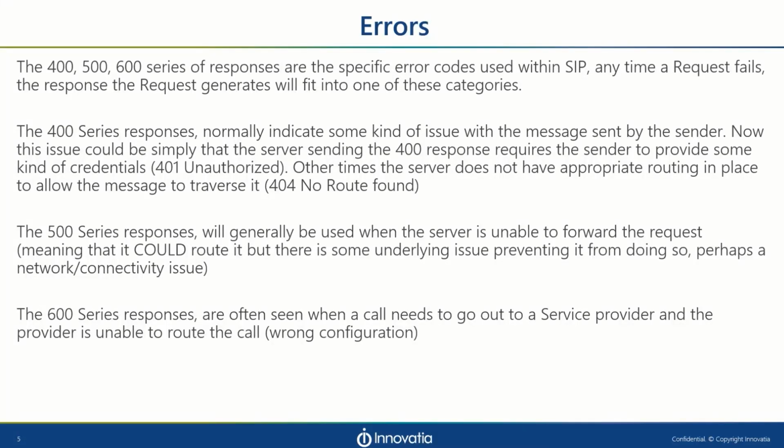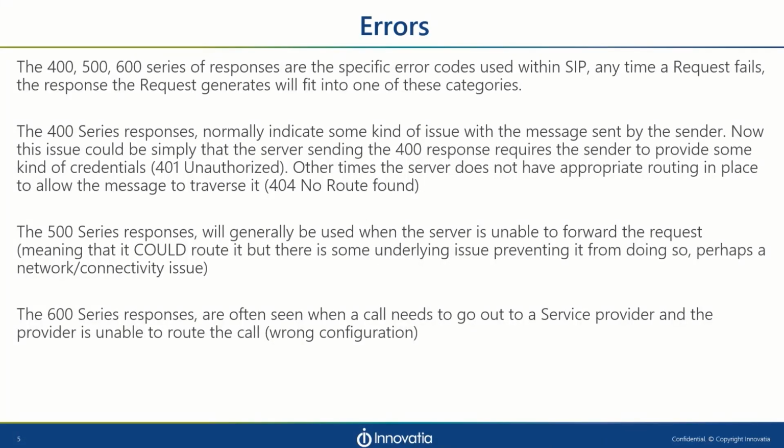The 600 series failure response, or the global failure response, is commonly seen whenever a call goes out to a service provider, and for some reason that service provider is unable to fulfill that request. There could be a number of different potential causes or explanations. The most common reason I've seen is when a call goes out to the service provider and the service provider is configured to send that call right back to the source it came from.